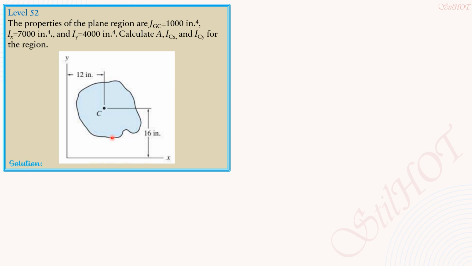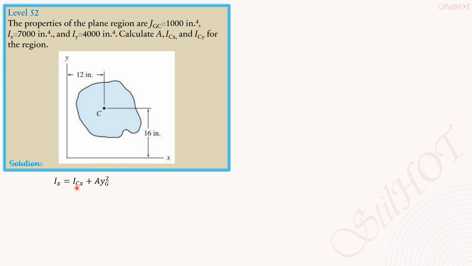So for our solution, let's set up Ix. Ix is equal to Icx plus area times distance squared, which is Yg squared, 16 squared in this case. Ix equals Icx plus area Yg squared. Ix is known, so we can establish the first equation.